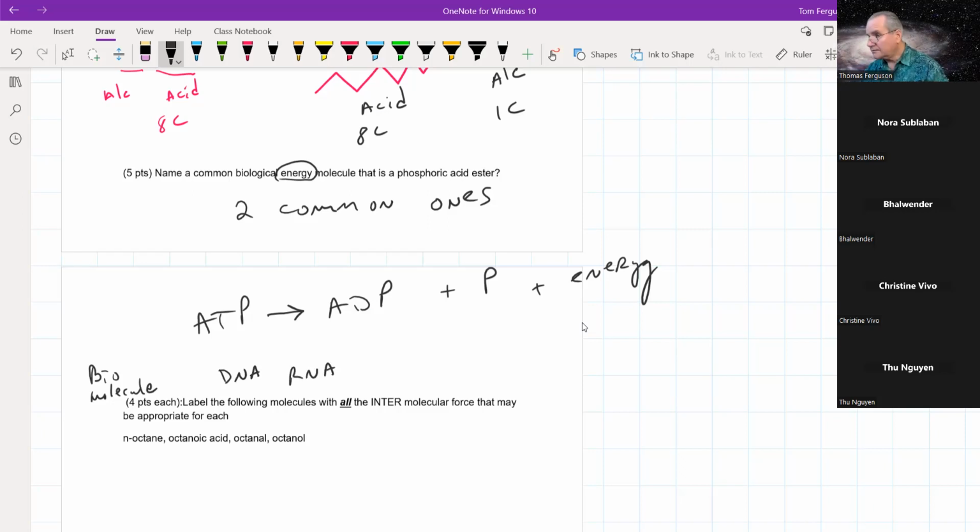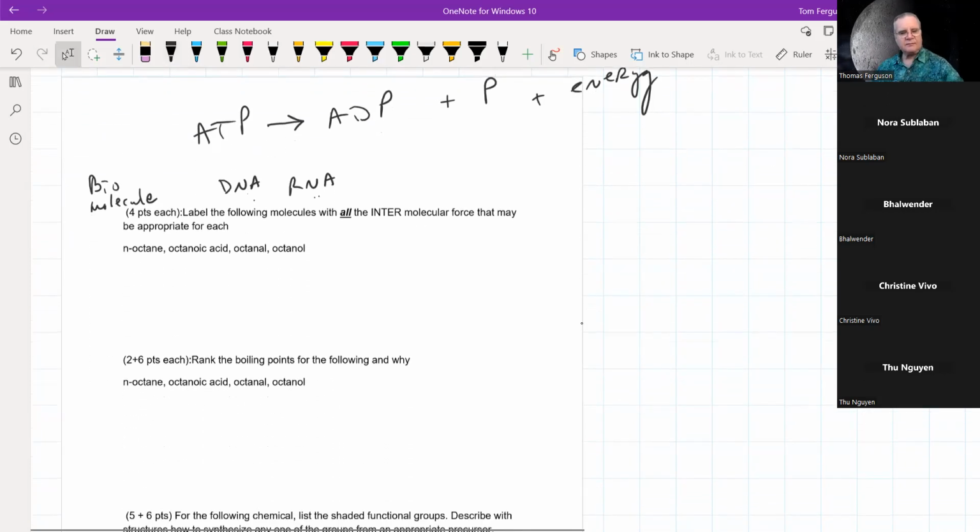Oh, what else? Those are probably the most common ones. That DNA and RNA have a carbohydrate backbone using ribose sugar, and then those are tied together with a phosphoric acid ester.